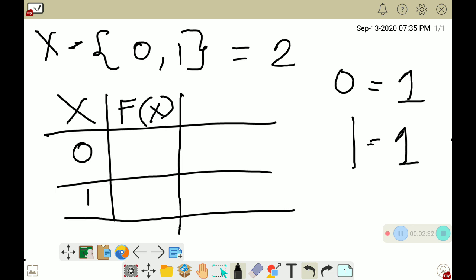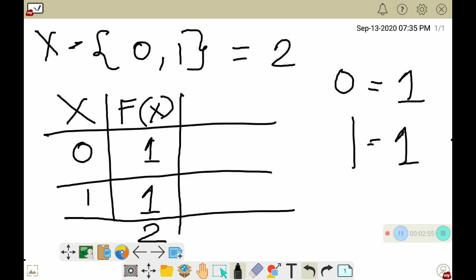So we will use that for your f of x: 1 and 1. Remember always that the sum of f of x is determined by the number of outcomes, so a total of 2.